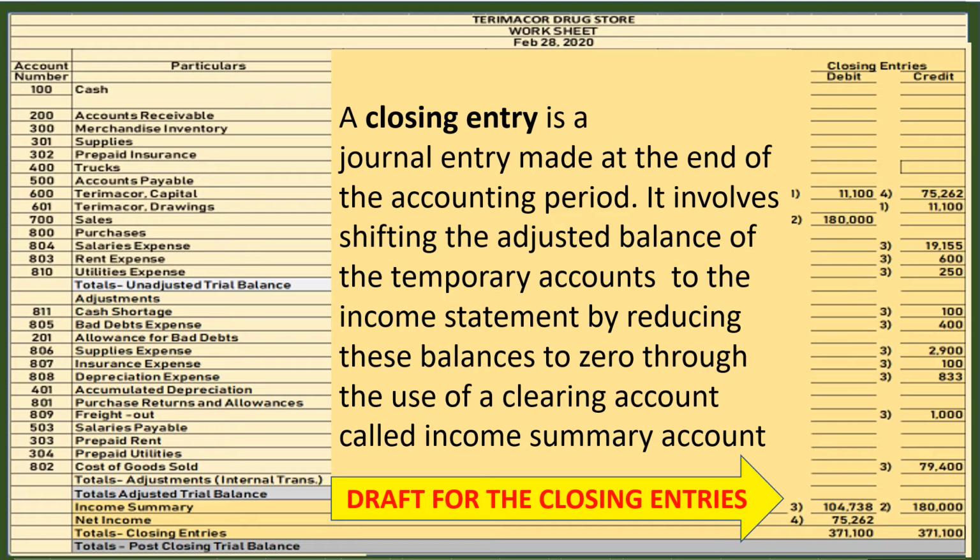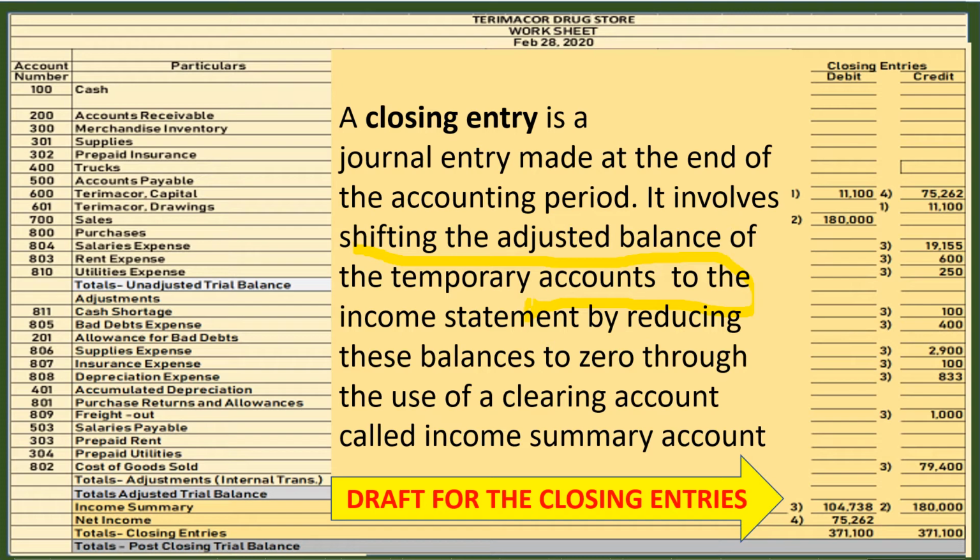So our target is to make that balance zero. First, we identify the temporary accounts. Second, we reduce the temporary accounts to zero using the income summary account.